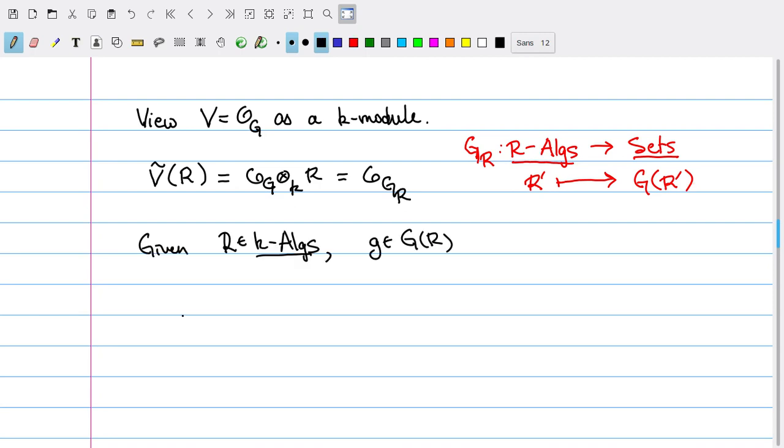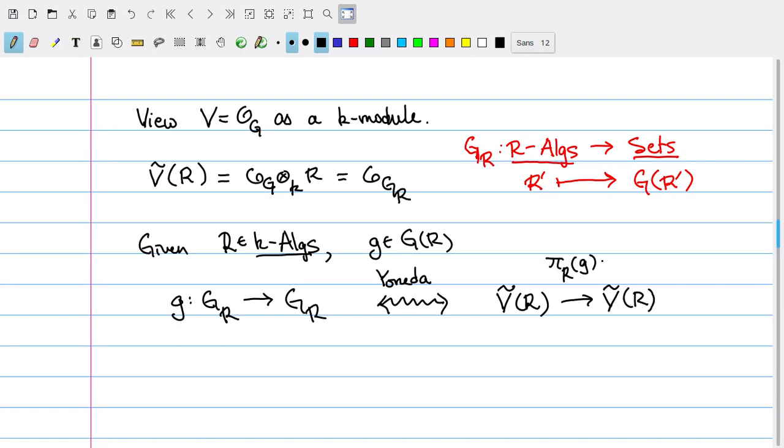Now given a K algebra R and an element g in G of R, left multiplication by g defines a natural transformation from the extension of G by R to the extension of G by R. By Yoneda, this corresponds to an R algebra homomorphism, and in particular an R module homomorphism, from V twiddle R to V twiddle R. Let's call this latter map pi R of g.